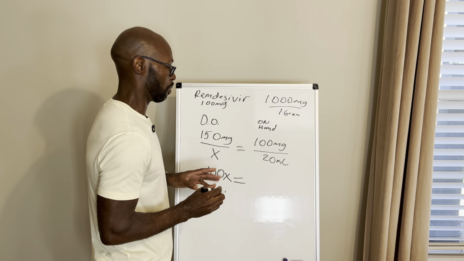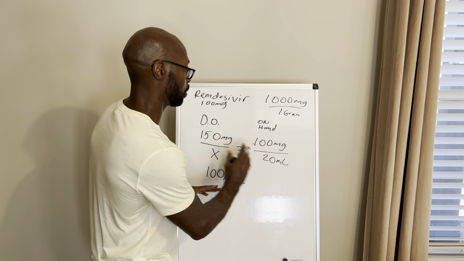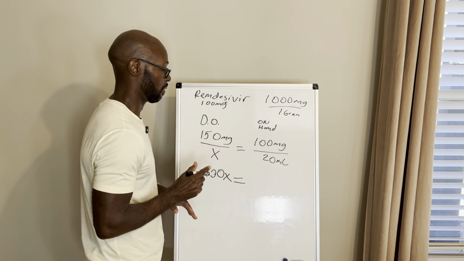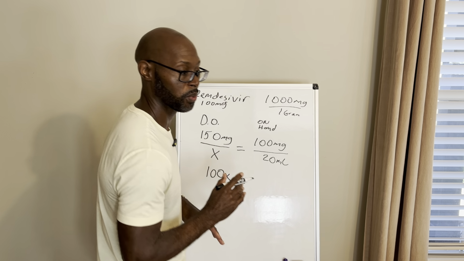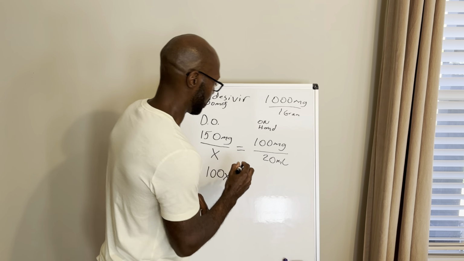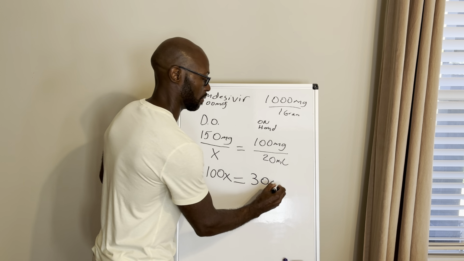Now, you're going to multiply 150 times 20. So that's cross multiplying. We're cross multiplying. So 150 times 20 equals 3,000, okay? So that's 3,000.